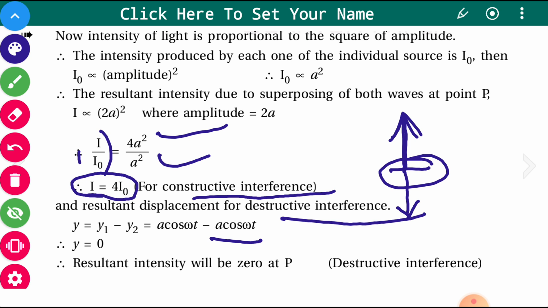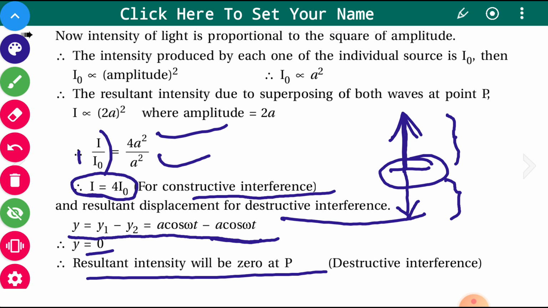So the resultant displacement will be 0, because these two waves have the same amplitude. So y is equal to y1 minus y2, and y is equal to 0. Therefore, the resultant intensity at this point P will be 0, and you will have destructive interference.